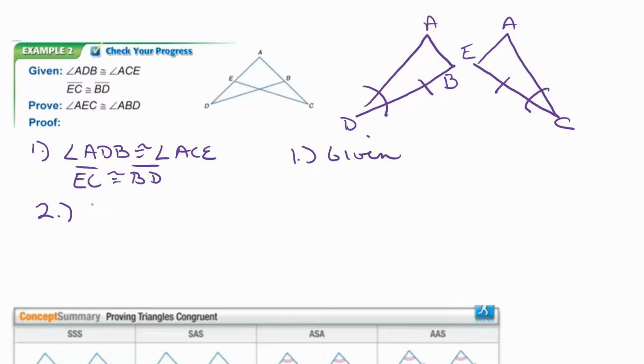We know that they share a common angle, which is angle A. So angle A is congruent to angle A, reflexive. Oops, that was a really bad reflexive.